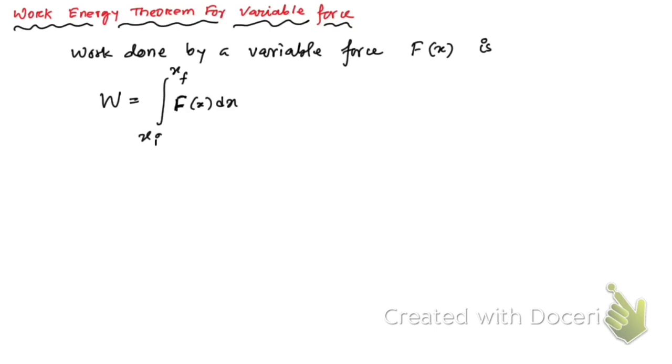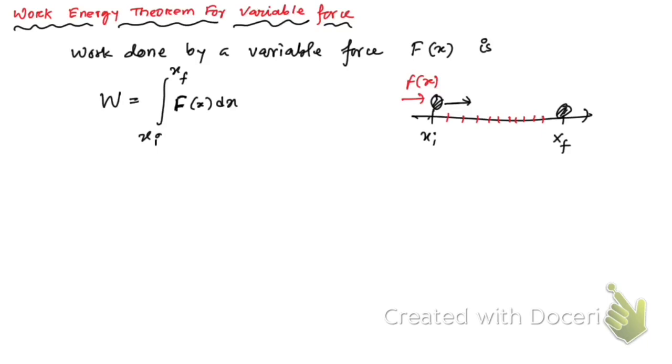Suppose an object is moving from the initial position xi to another position, the final position xf, and the force applied here is a function of x. That means it varies with position.